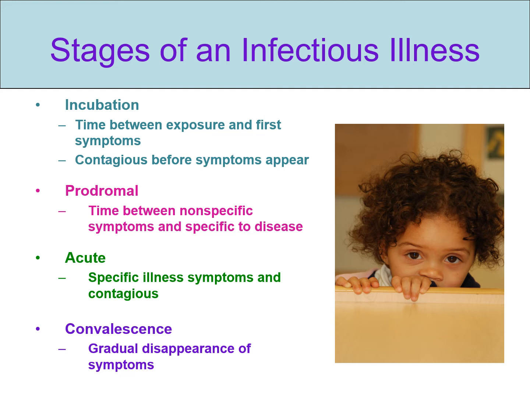The prodromal period is the time between non-specific symptoms like sore throats or headaches, and then the symptoms specific to a particular disease. The acute phase is the specific illness symptoms, and you are still contagious. And then convalescent, this is the gradual disappearance of the symptoms.